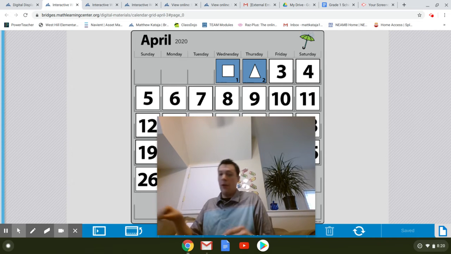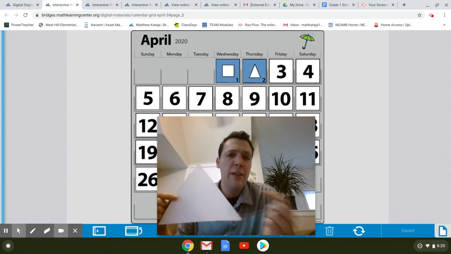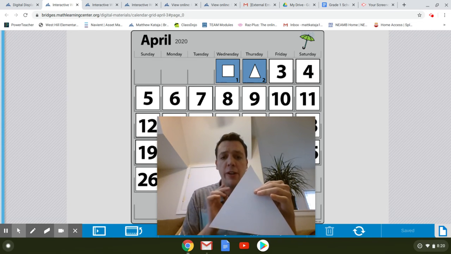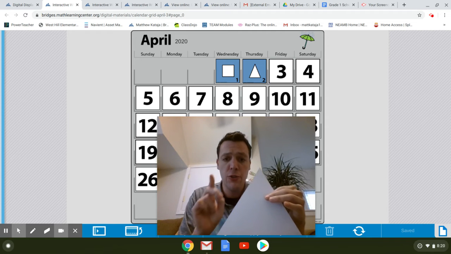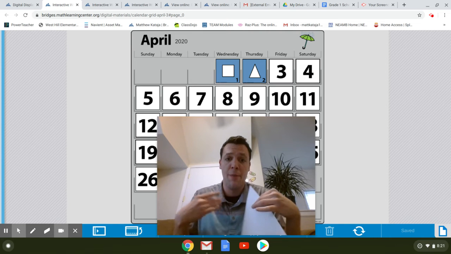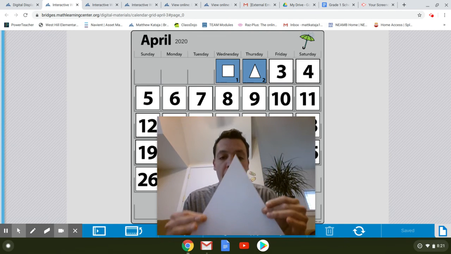So I have a triangle right here. And you can even do this at home if you want. If you draw the triangle instead of cut it out, if you can fold this triangle into 2 equal parts, it is symmetrical. Say the word symmetrical. Symmetrical. Do you think the triangle is symmetrical?